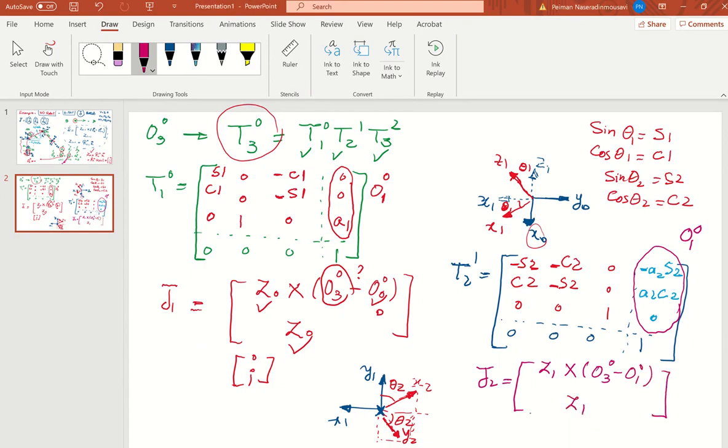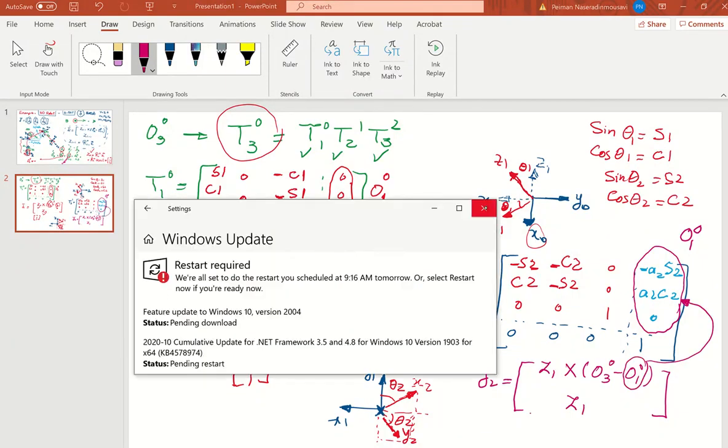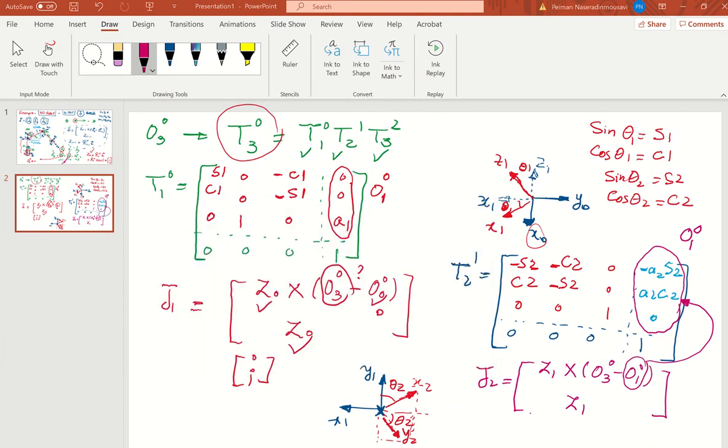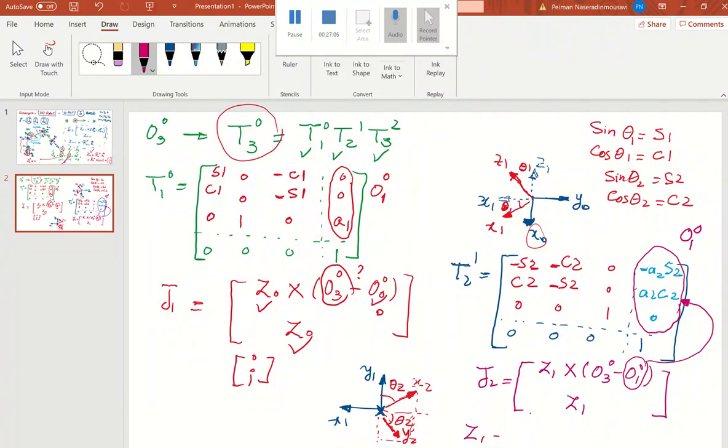So we found 0,1 with respect to 0. Here we go. Understand? And now Z1, as I taught you, is going to be R1 with respect to 0 in K. What is R1 with respect to 0? You tell me.